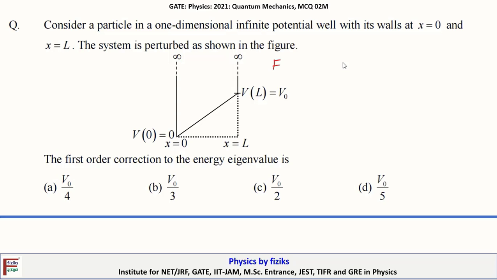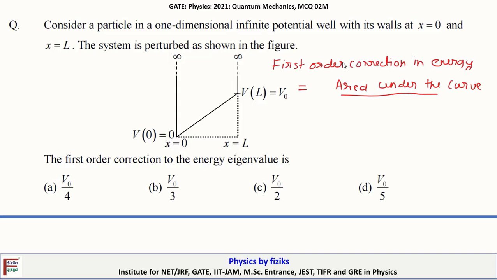So we can use this relation: first order correction in energy is given by the area under this curve divided by the length or base.